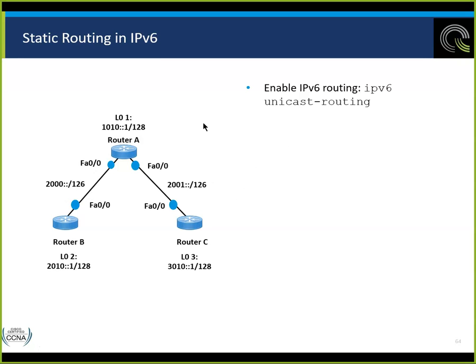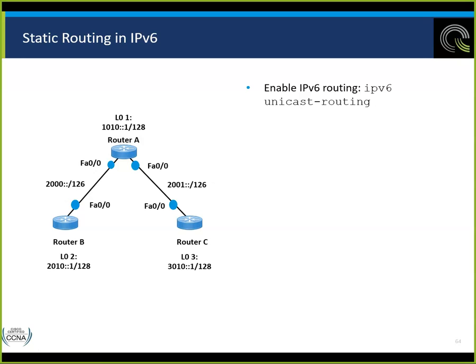When we want to do routing using IPv6 on these devices, we have to enable IPv6 routing. The default routing processes that are running on the routers are for IPv4. We enable IPv6 routing with the ipv6 unicast-routing command.